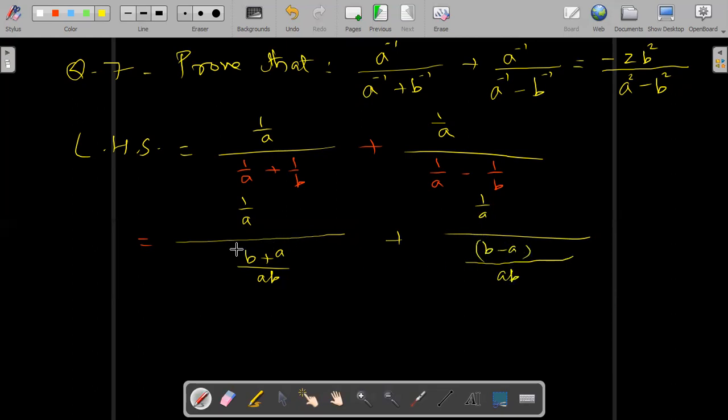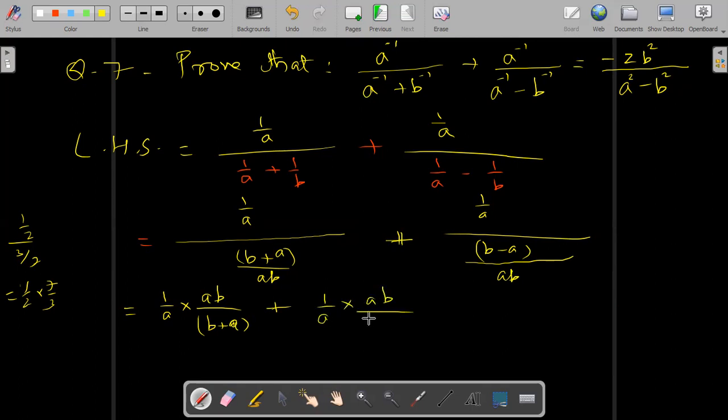When you are dividing, the denominator will be inverted. When you are dividing 1 by 2 divided by 3 by 7, what we do is 1 by 2 into 7 by 3. The denominator will invert. Similarly here, 1 by a as it is, and this will invert to ab upon b plus a. Similarly here also, 1 by a as it is, and this will invert to ab upon b minus a.